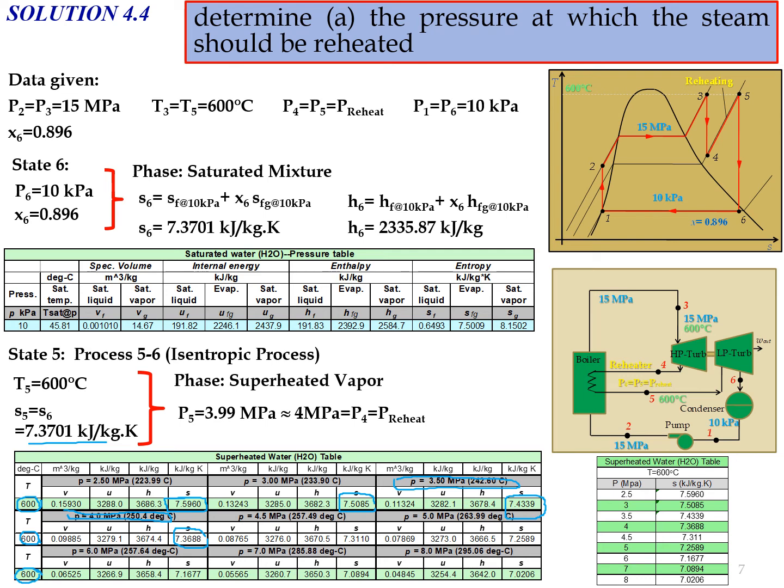From the interpolation, we know that the pressure at state 5 is 3.99 megapascal, which is close to 4 megapascal. So we assume it is 4 megapascal, and the pressure at state 4 is also 4 megapascal, equal to the pressure of the reheat process. From this information, we can calculate H5.